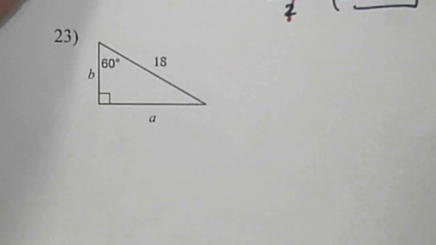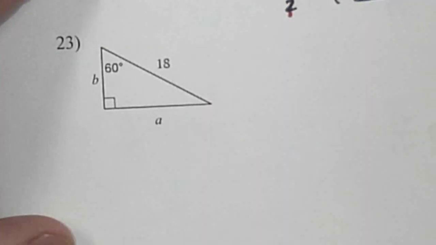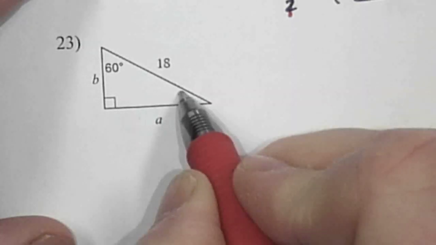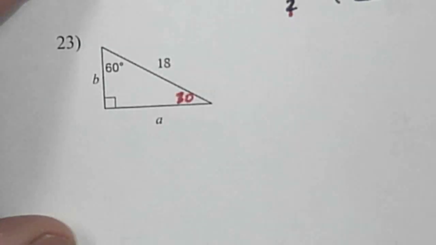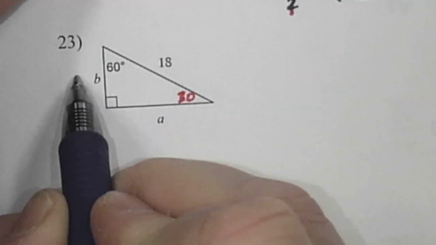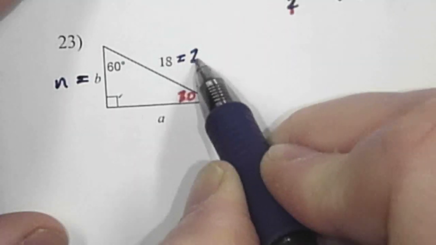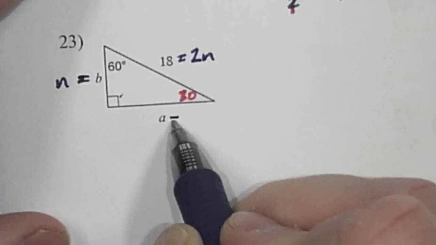So we're going to come in here, and I'm going to say this. Now where's the 30? I don't see the 30. Well, if that's 90 and that's 60, then this one has to be the 30. Never assume, always make sure. So opposite 30 is n. Opposite 90 is 2n.